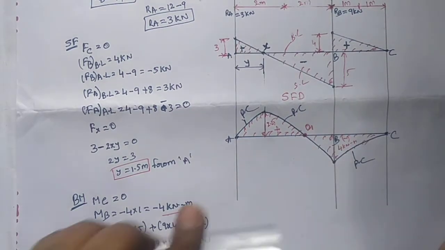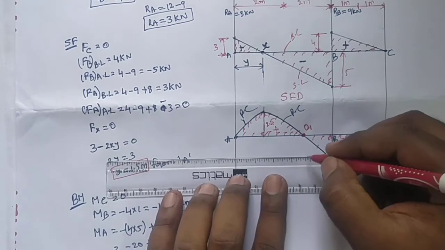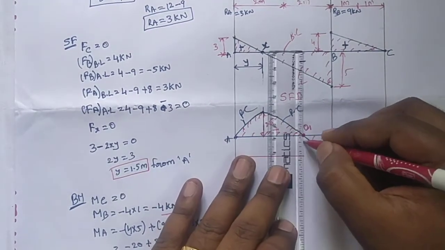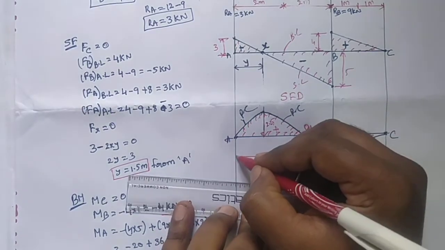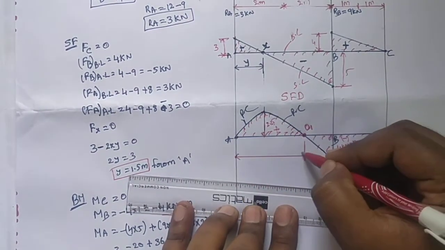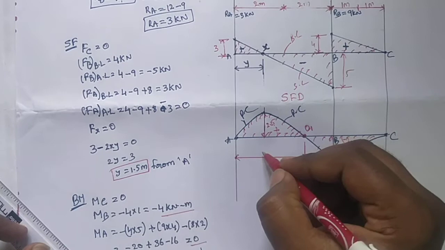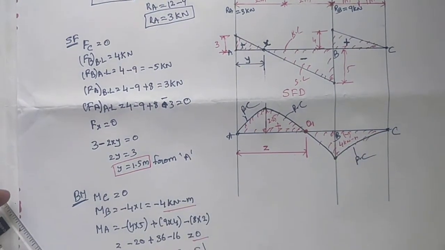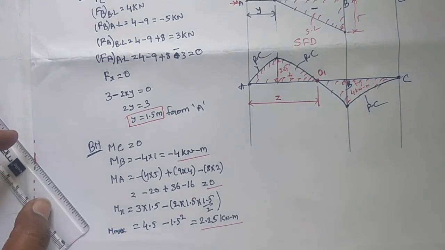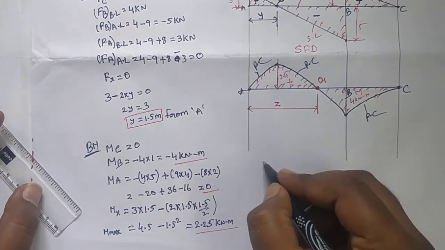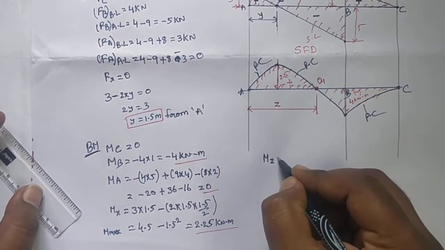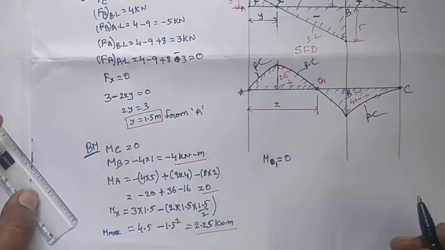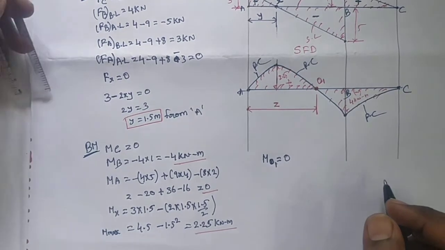We have to look at the distance from O1 to the left end A. I am taking this distance as Z, so the bending moment at point O1 is equal to 0. It can be written as follows.